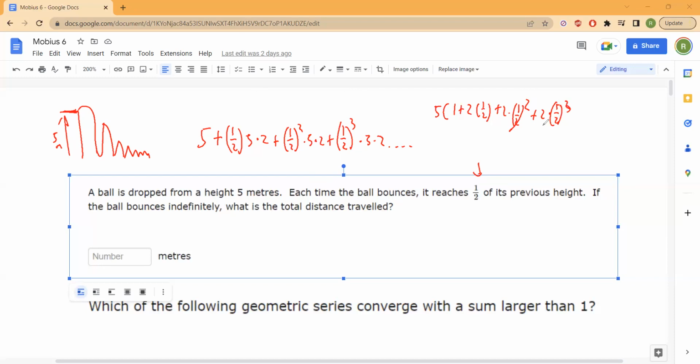Sorry, I'm trying to figure out what I'm writing. And plus 2 times 1/2 to the 4th, and so on and so forth.